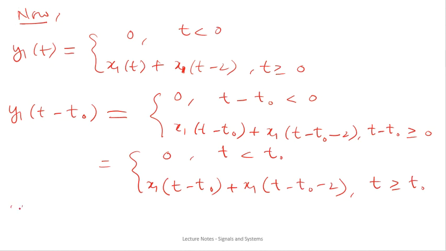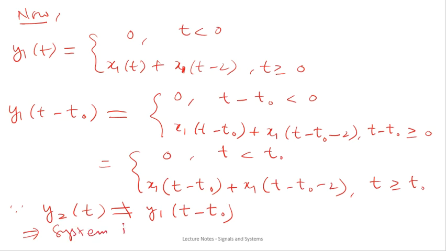You can write down that since y2(t) is not equal to y1(t minus t0), it means that the system is not a time invariant system. If the system is not time invariant, it means that it is a time varying system.